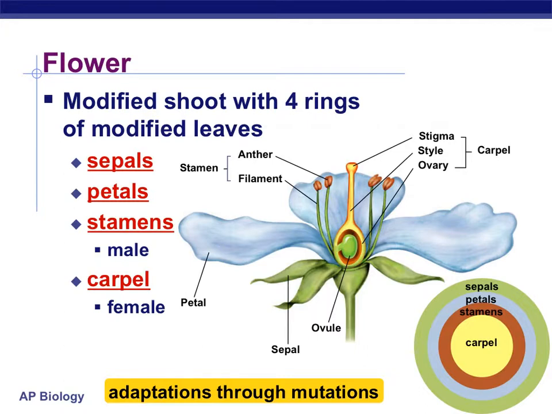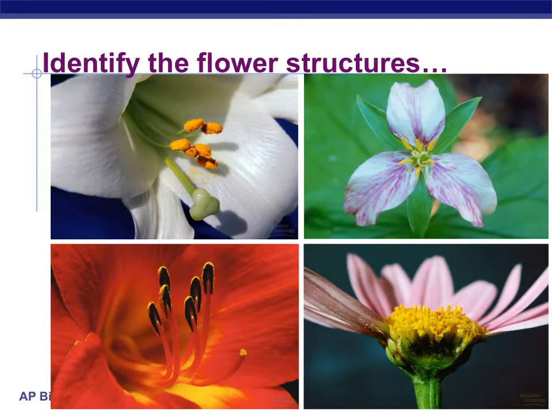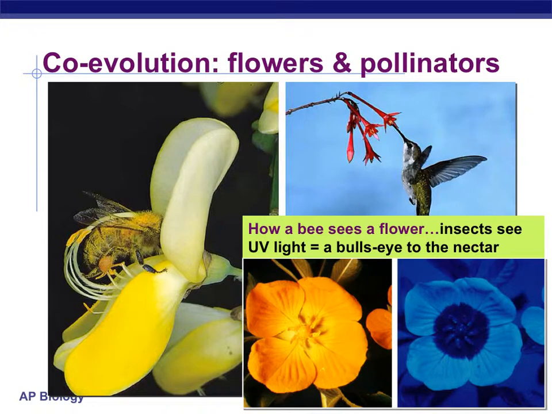Whether it's the male and female parts of the flower, or the ovary that is likely going to develop into part of a fruit, for instance. But again, flowering plants have developed ways to increase their success through reproduction. Flowers, they're pretty. An important idea too is the coevolution between the flowers and the pollinators.